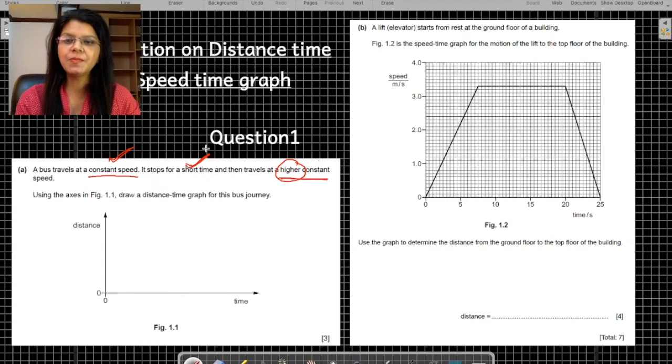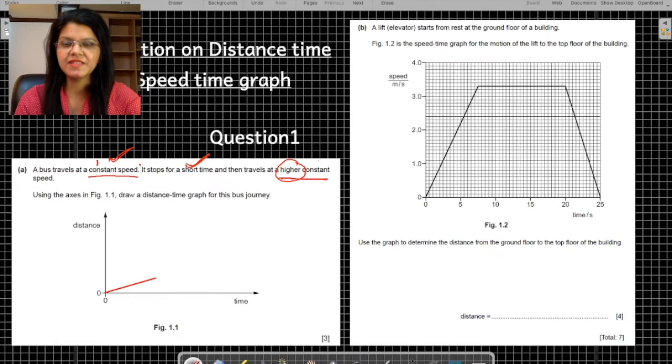So how do you plot a constant speed on a distance time graph? If you know the theory, you understand it is depicted as an inclined straight line. So let us draw an inclined straight line. Right, this is part 1 of the question done.